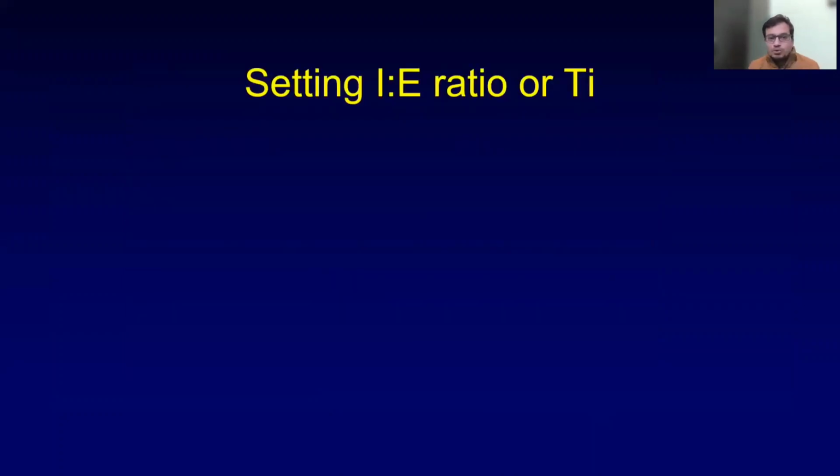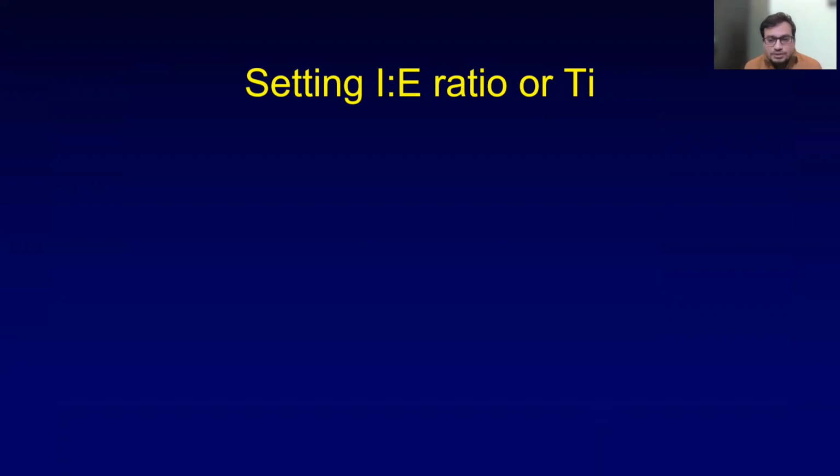Now let's understand how to set I ratio, how to manipulate TI. Setting I ratio or inspiratory time is a very important part of ventilatory management. In some ventilators, you can set I ratio directly, but in others, you have to set TI max, and I ratio will be automatically calculated by the ventilator and shown on the screen.